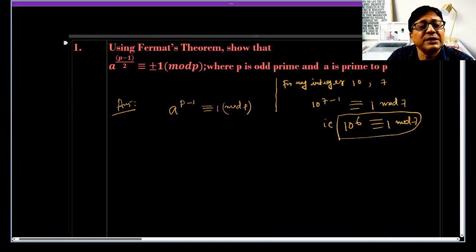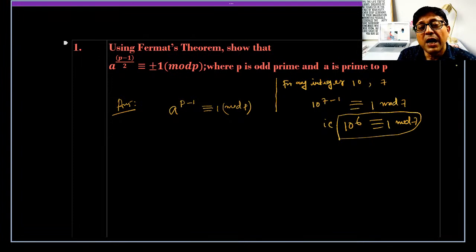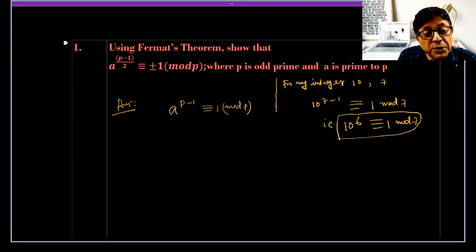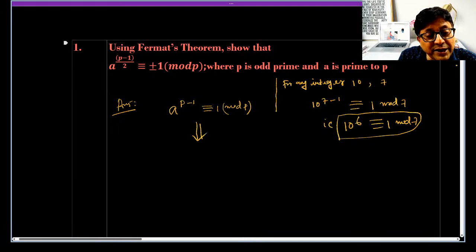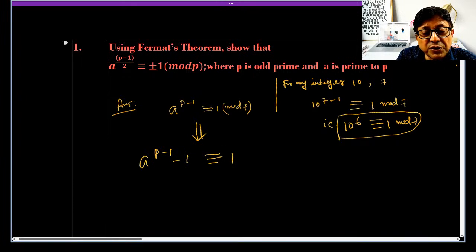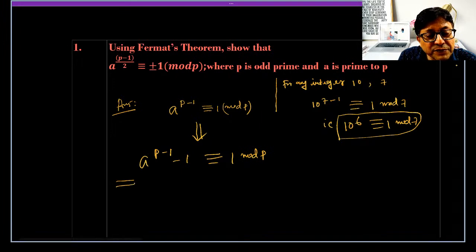Now to prove that a to the power (p minus 1)/2 is congruent with plus or minus 1 mod p, where p is an odd prime and a is prime to p, I will be using Fermat's theorem only, because a is prime to p and p is a prime number. So from here we can write a to the power p minus 1, minus 1, congruent with 0 mod p.